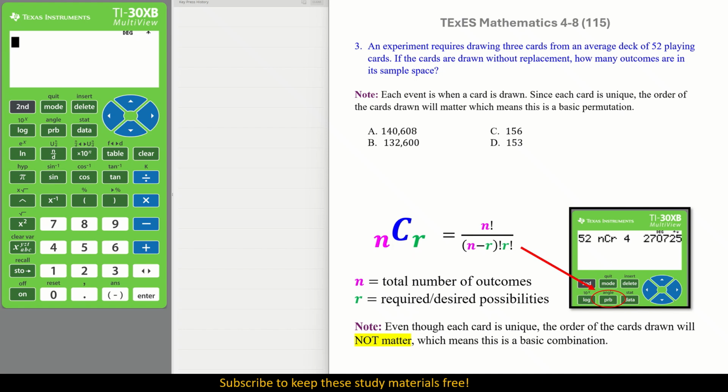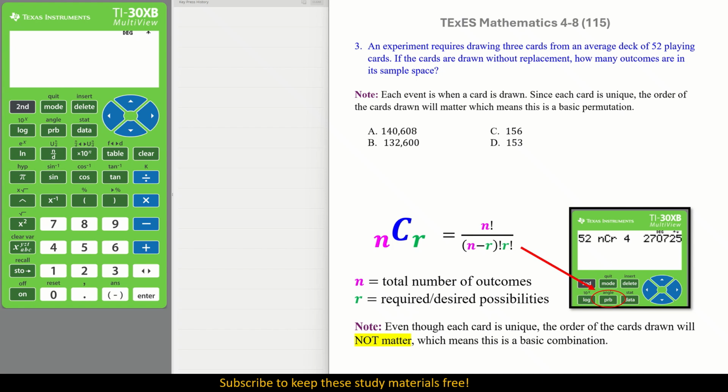Since each card is unique, the order of the cards drawn will matter, which means this is a basic permutation. Now, you may say, well, this is out of the scope of middle school. Actually, it isn't. Why isn't it? Well, first, let's use permutation, and then I'll show you exactly what this means.